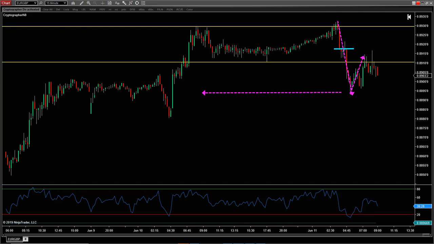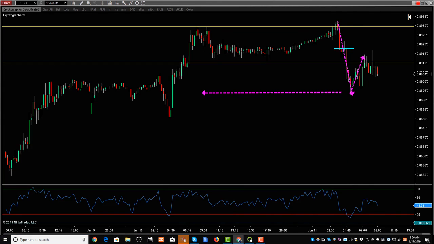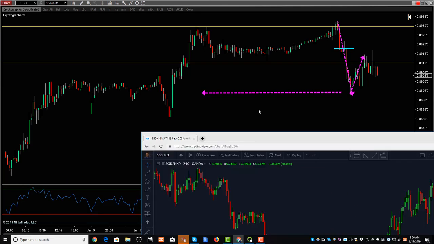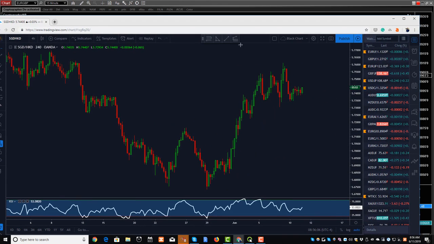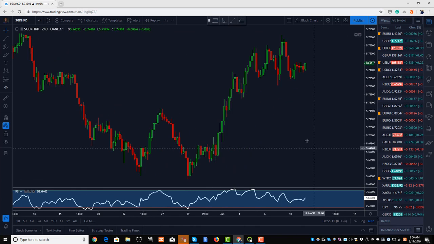Hong Kong dollar. Singapore. Right, that's Singapore, right? SGD. That's Singapore. That's Hong Kong. I believe so. Maybe not. Okay.